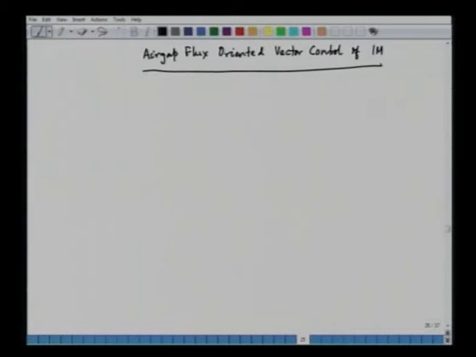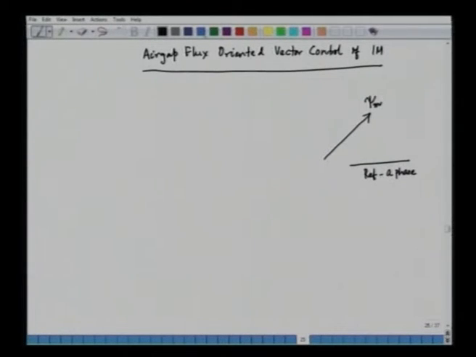Now, we have already seen that in air gap flux oriented vector control, the d axis of the reference frame is oriented along the air gap flux vector. So, what we do here is the following: this is the reference axis, reference of phase A of the induction machine, and let this be the air gap flux vector, which we symbolize by psi m.